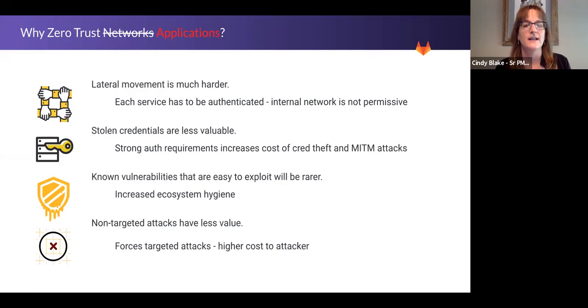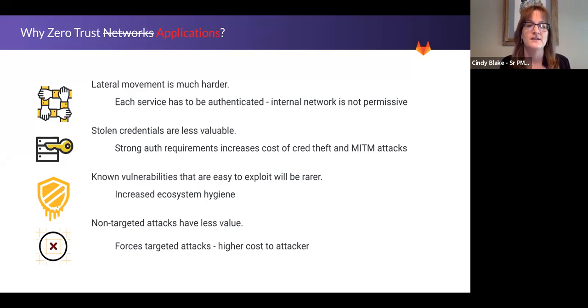If you're authenticating app to app, it's going to be much harder for an adversary to move laterally from containers to Kubernetes to what have you. Stolen credentials are less valuable if you've got multi-factor authentication and a rotation of your keys. All of those are just good hygiene. Known vulnerabilities that are easy to exploit will be less frequent if you're practicing good hygiene.